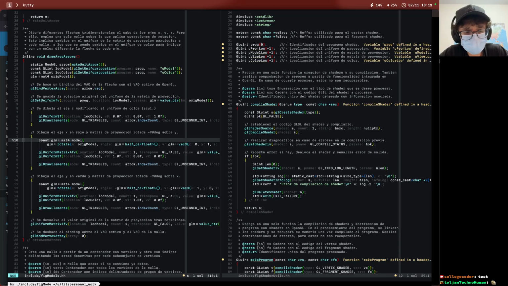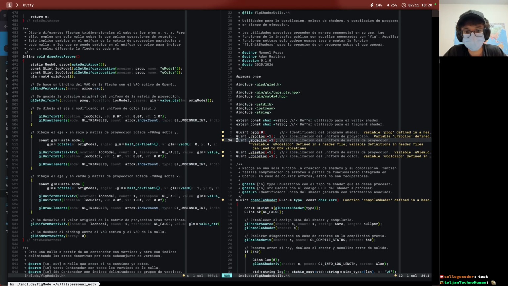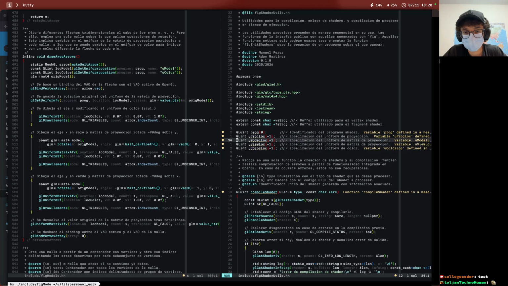Wait, what? That's not a projection matrix, right? That is the model's uniform.